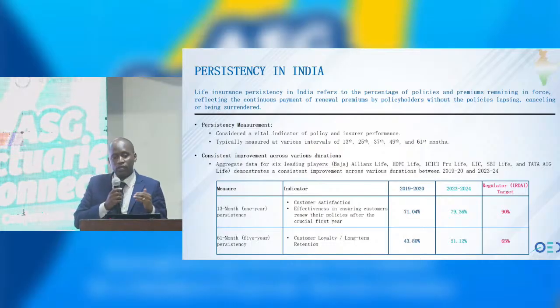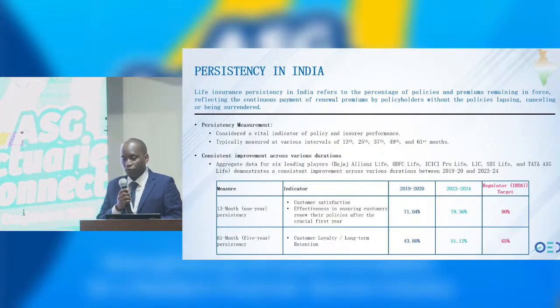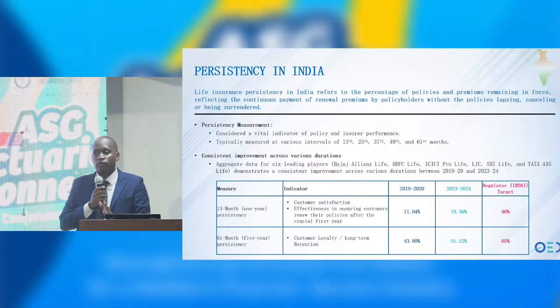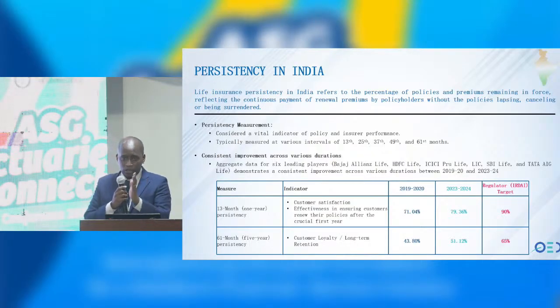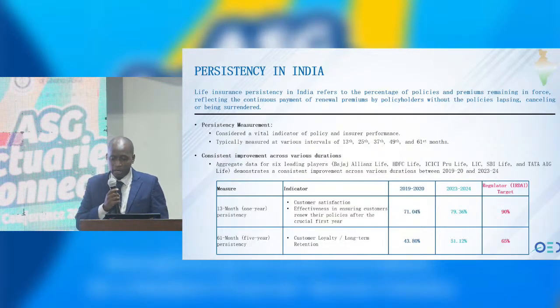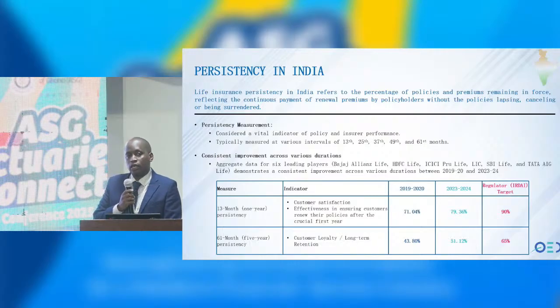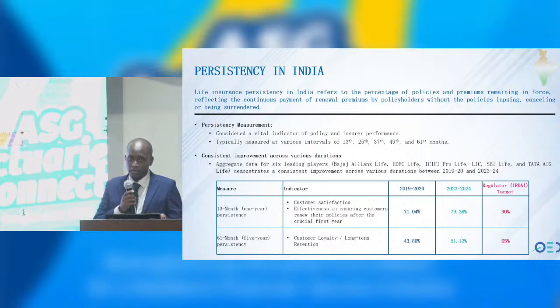So they are using that and they've seen significant improvements. One of the outcomes of the persistency improvement is, and I do stand corrected, I'm not too familiar with the Ghana market, but in Kenya, we have the guideline that if you're doing any product that has a surrender value, your surrender value must start at least from month 37, so basically 3 years.